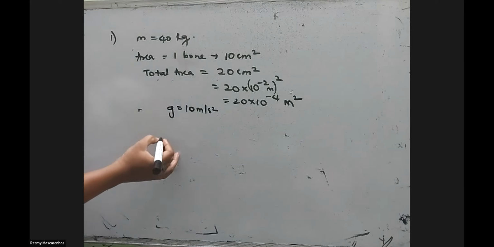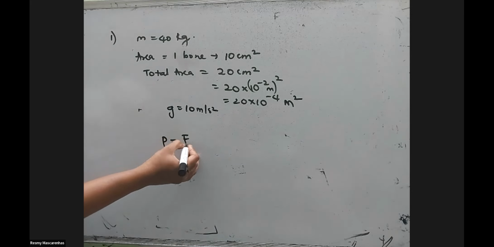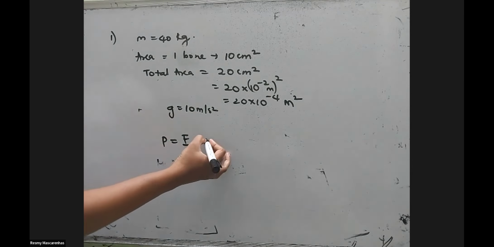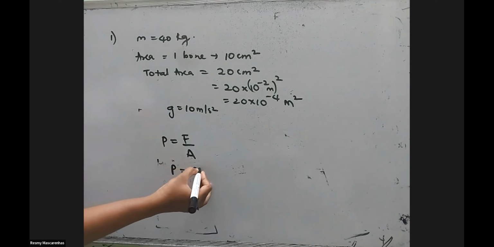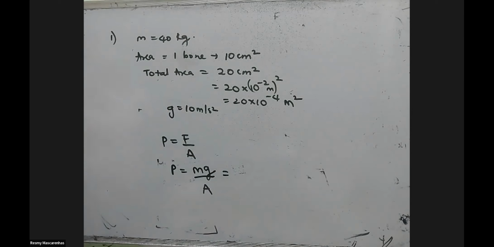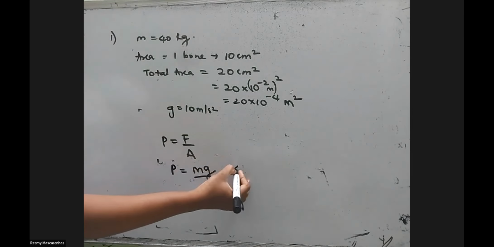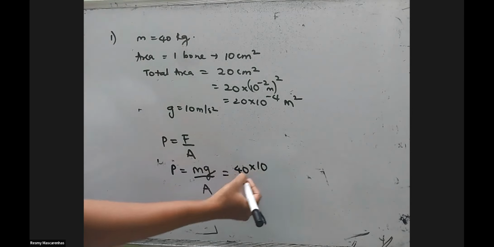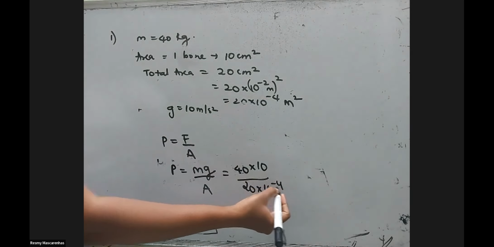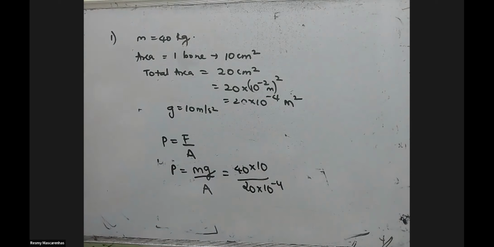We have to calculate pressure. Pressure is force upon area, but now force has not been given. I have told you that instead of force, you can also use the formula pressure is mg upon area. Mass is given as 40 kg, gravity is 10, and total area is 20 into 10 raised to minus 4. Now calculate and write the answer.